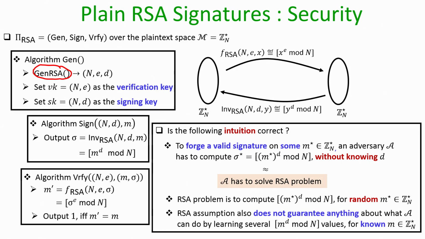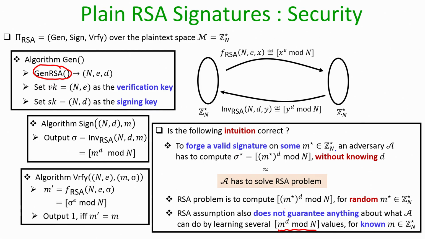Because remember, when we consider the forgeability game for the signature scheme, the adversary is allowed to see signatures of several messages of its choice. So, if the adversary has submitted a message m, it would have seen the signature m to the power d modulo n, and it might have seen the value of m to the power d modulo n for a polynomial number of messages m.